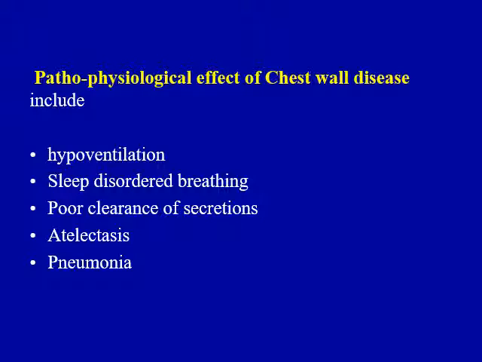The pathological effects of chest wall disease include: when the chest wall is affected by disease of the muscle or rib, this results in hypoventilation, and this hypoventilation results in poor clearance of secretions, and may lead to atelectasis, recurrent infection, and pneumonia, and the patient may also develop a restrictive defect in the pulmonary function test.